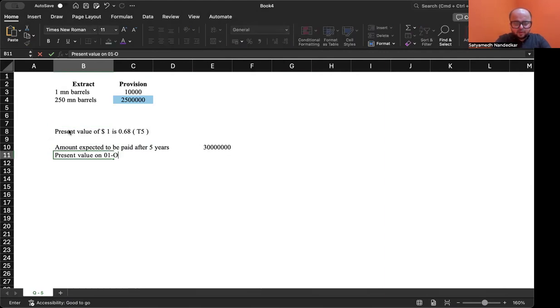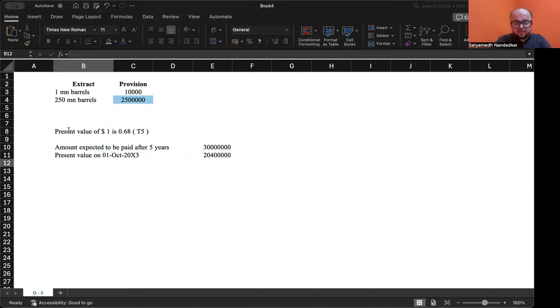Present value on 1st of October 2003 is this into 0.68. See, if they have given you a particular rate for discounting, then please use that number. Don't use any number of your own choice. Okay, so this is one part of the provision. This is the present value of the provision.